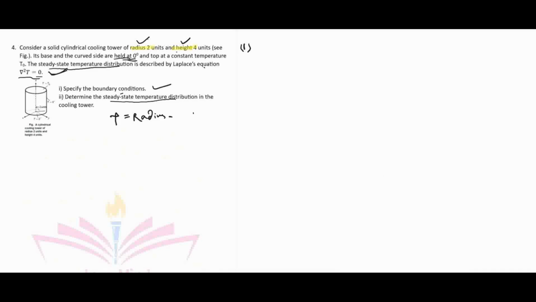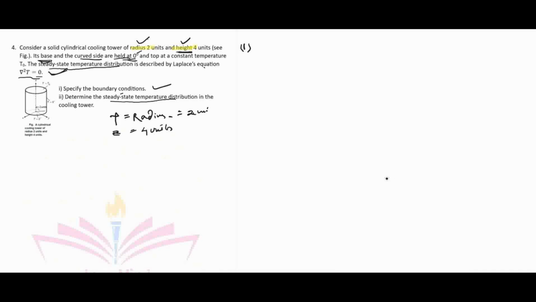Then height is taken along the z axis, so small z is equal to 4 units, and rho is equal to 2 units. Now it says that the base and the curved sides are held at 0 degree temperature.